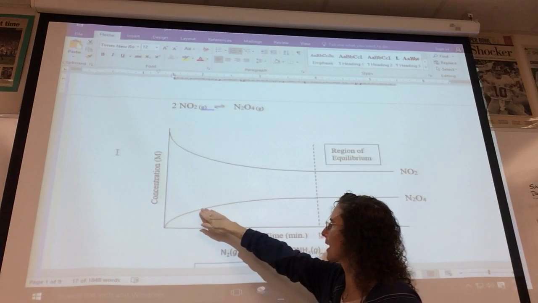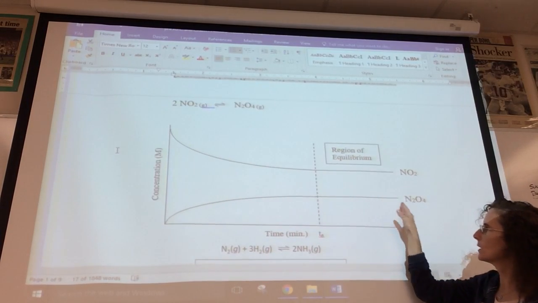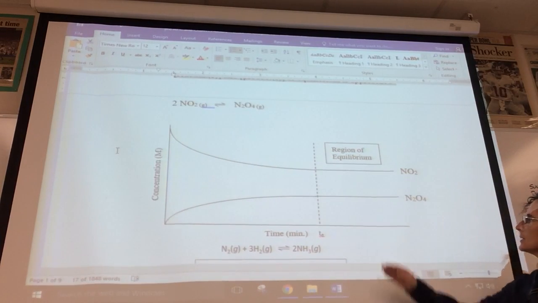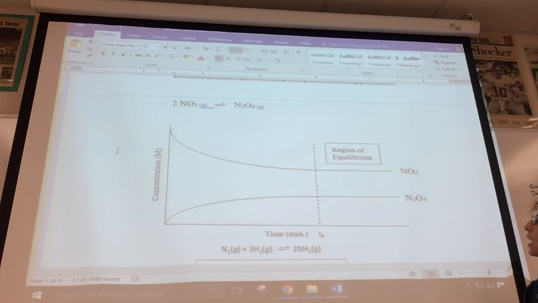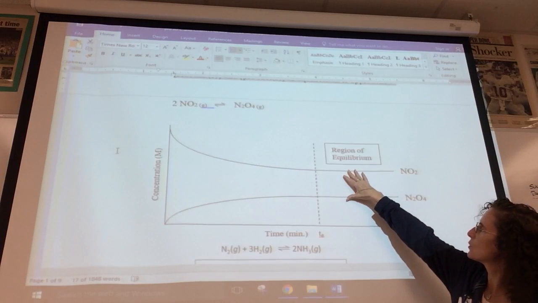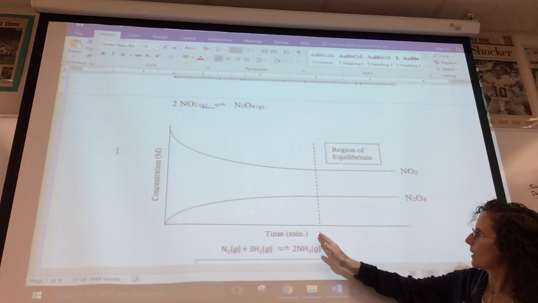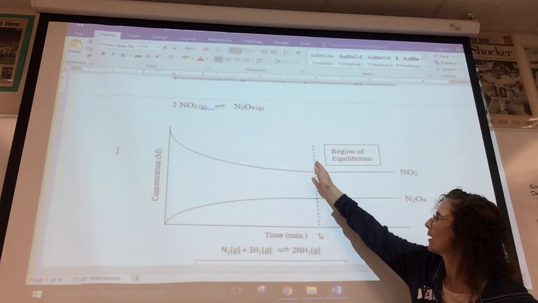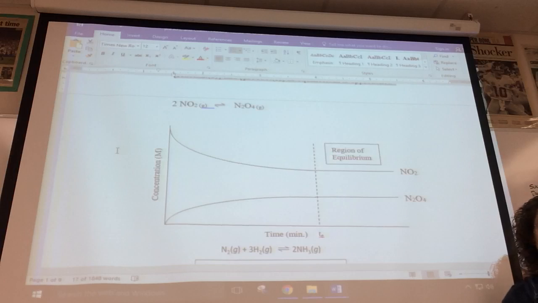Dinitrogen tetroxide is being generated, so its concentration is increasing until the plateau. This plateau is the region of equilibrium, and this is the time at which equilibrium is established. I'm not saying that concentrations aren't changing. I'm saying at that point the rates of the forward and reverse reactions are equal.